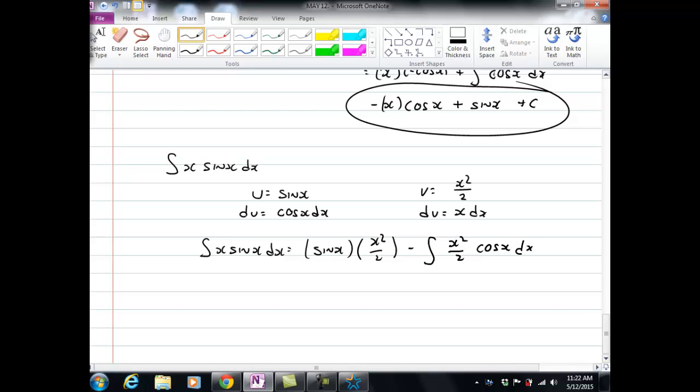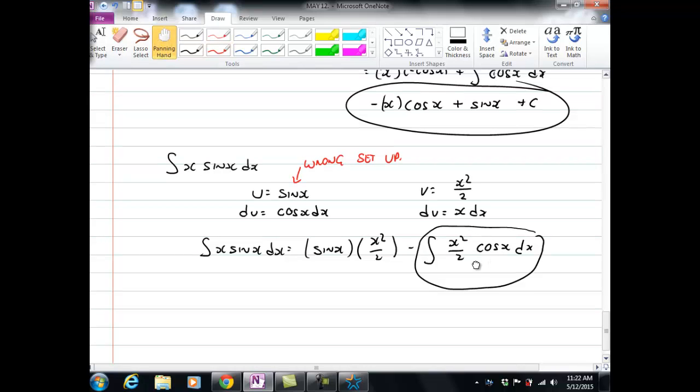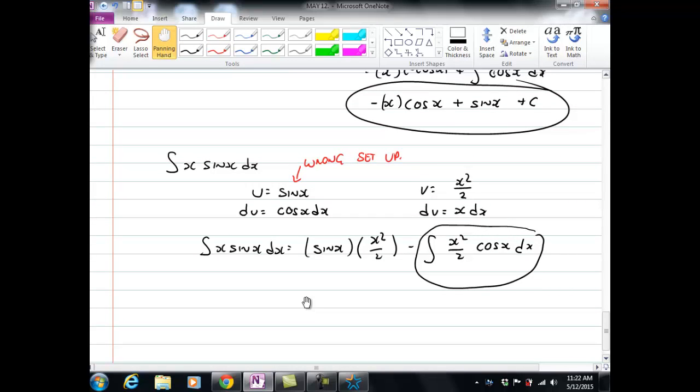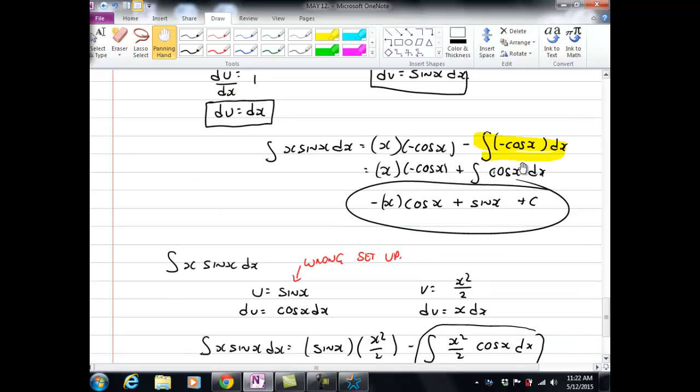See how hard this becomes? If you screwed up on the integration by parts setup, you're going to have a hard time integrating that part. That's the reason why. So this is the wrong setup. If you choose the wrong setup, you can't integrate this because it will be tricky to integrate. If you did the right setup, look how easy that is.